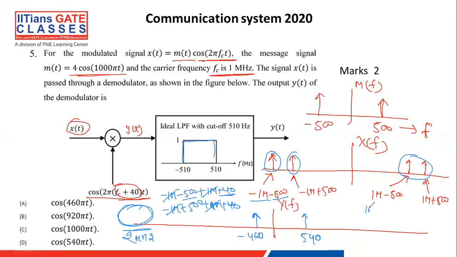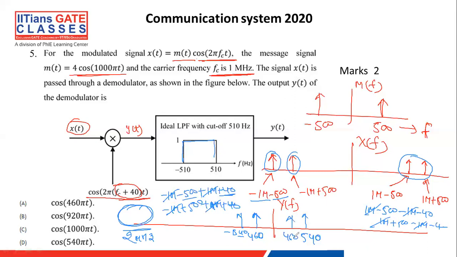So for 1 megahertz minus 500, we subtract 1 megahertz plus 40, so the 1 megahertz will cancel out, and this will come at minus 540. And let's shift this one as well: it will be 1 megahertz plus 500 minus 1 megahertz minus 40. 1 megahertz will cancel out, it will be at 460.